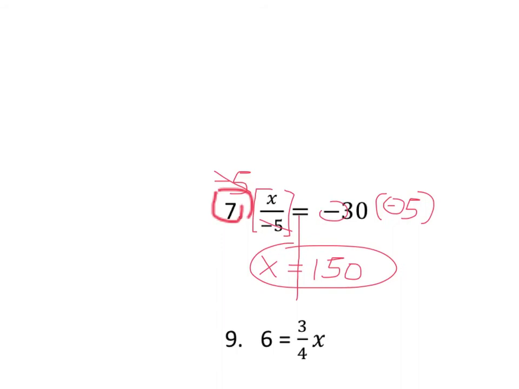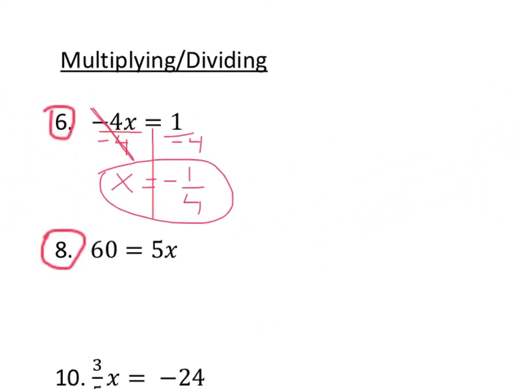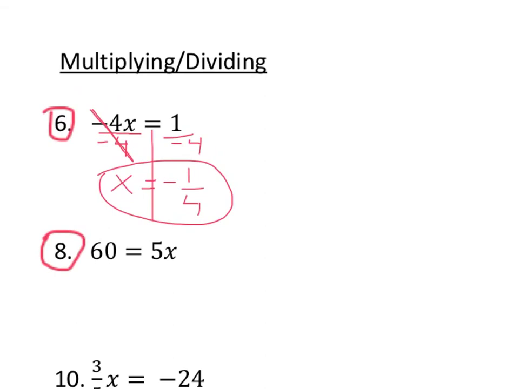Okay, let's just do one more. Let's do number 8, and that'll be it. Now I always want to look at the side that has the variable. The right side has the variable, so I don't care about the 60. I just look at the 5x, and I'm asking myself, how do I get rid of the 5? Since it's 5 times x, I do the opposite of multiplying. I divide both sides by 5. That cancels.